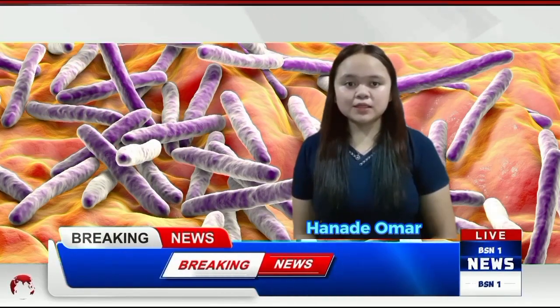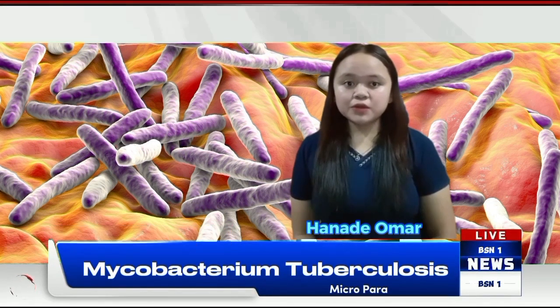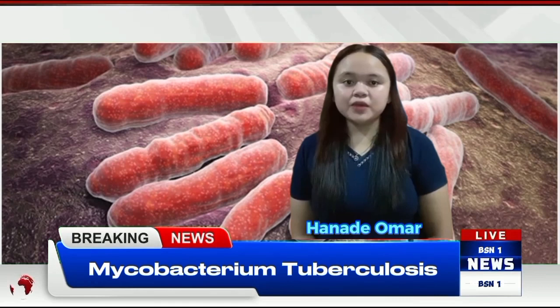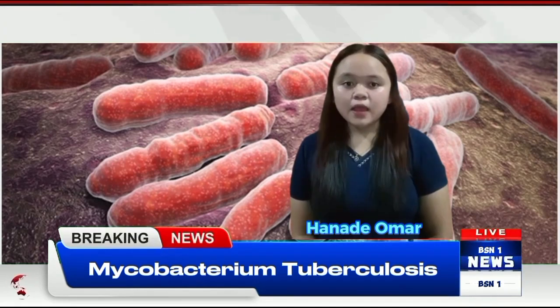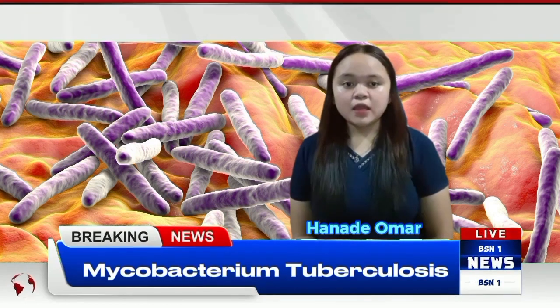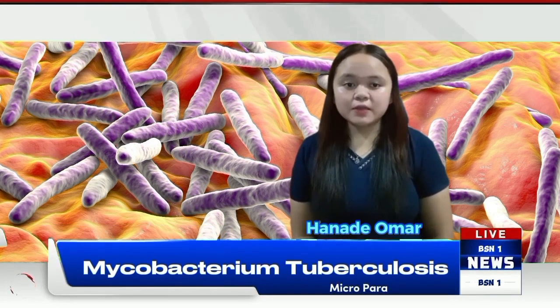Mycobacterium tuberculosis has unique cultural characteristics, requiring special culture conditions and exhibiting a slow growth rate, which makes it challenging to isolate and identify. Furthermore, it has a complex cell wall with unique components like mycolic acid. Genetic analysis, including molecular techniques, is used to study the genetics of Mycobacterium tuberculosis, including drug-resistance mechanisms and strain differentiation.